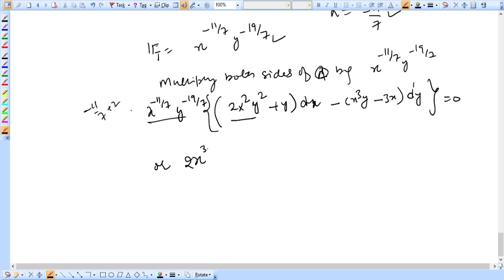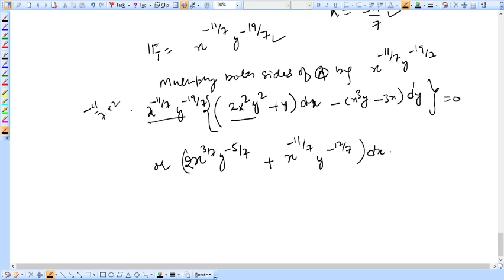Similarly 2 plus minus 19 by 7, it would be minus 5 upon 7, plus similarly x raised to power minus 7 upon 7 minus 11 upon 7, and y would be minus 12 upon 7.